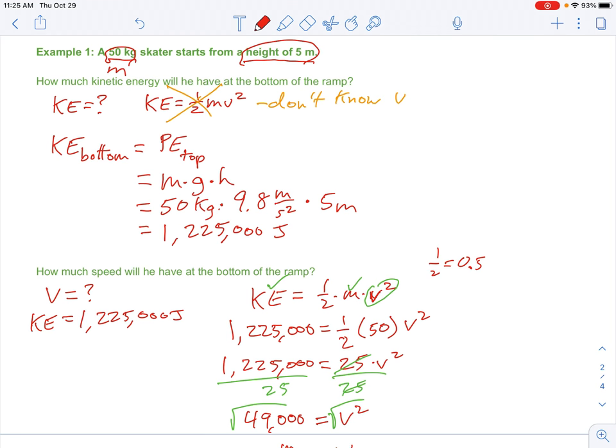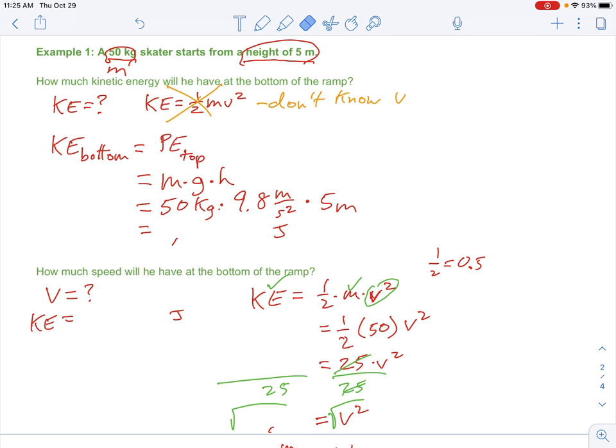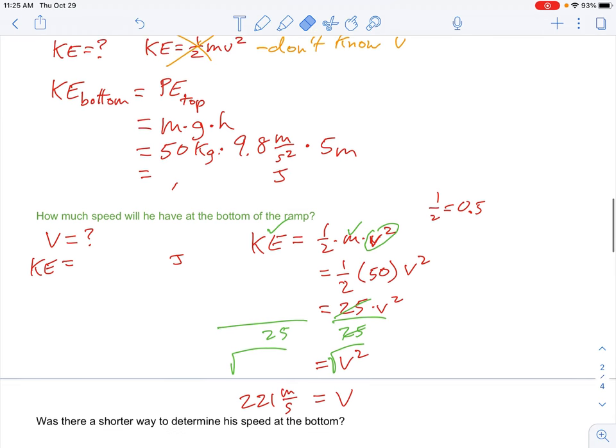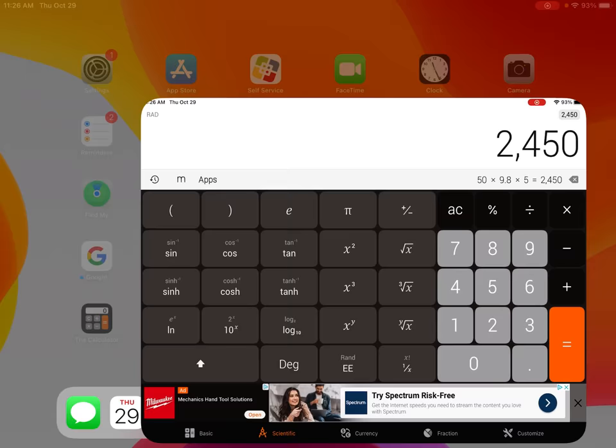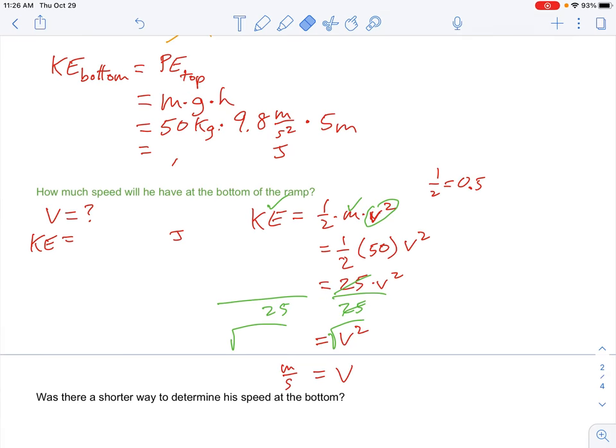So let's see here. Yeah, way off. And I knew that because 221 meters per second is just way too fast. So what was that number again? 2450. Okay. So 2,450 that is.